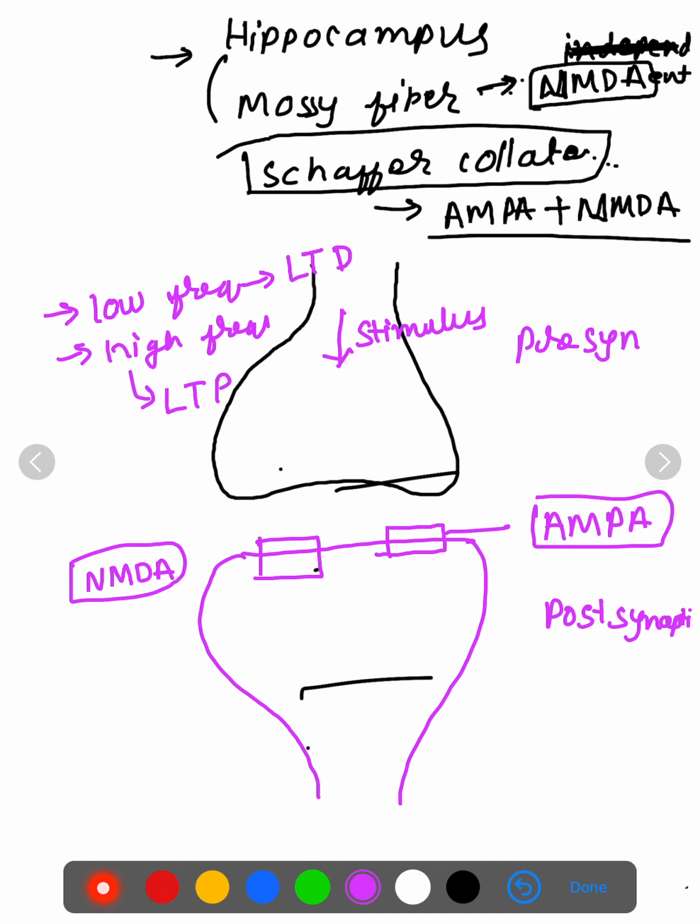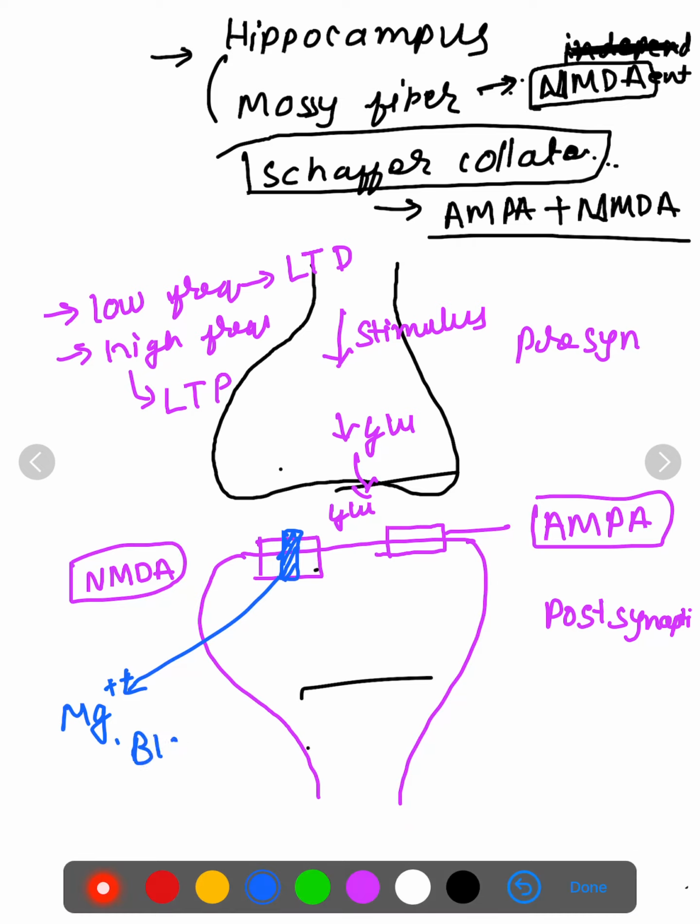Initially, whenever a stimulus is there, what is released? Glutamate is released. Now, if you take NMDA initially, there is a block because of what? Magnesium.